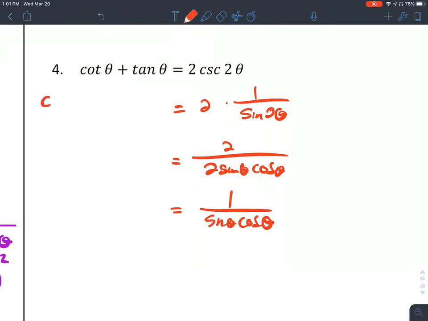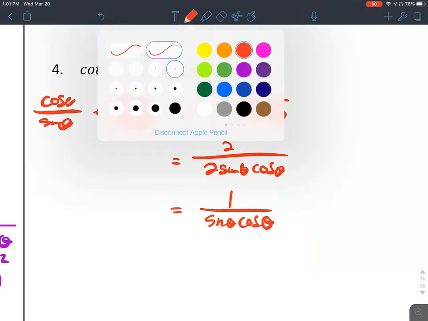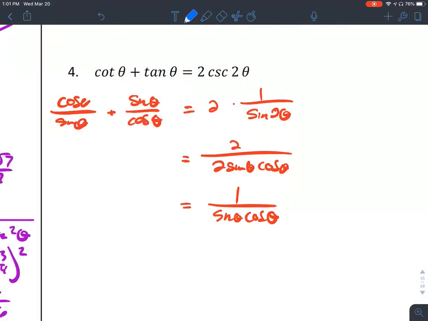I'm going to change cotangent to cosine of theta over sine of theta. I'm going to change tangent to sine of theta over cosine of theta. Get common denominators. I'm going to multiply the top and bottom of this first fraction by cosine. That's equivalent to multiplying by 1. Top and bottom of this one by sine of theta.